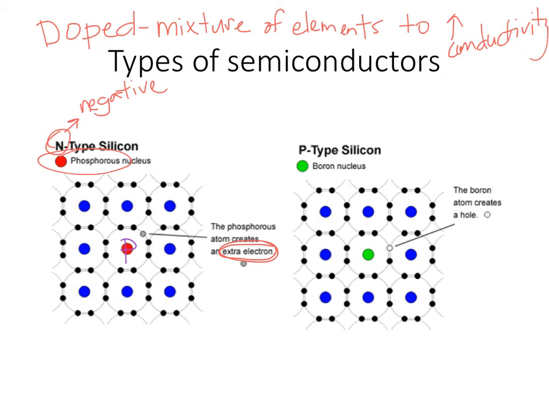So phosphorus has 5 valence electrons, so it had its 4, the same as the silicon did, but then it also has 1 more because it's a phosphorus. And that extra electron can easily move up into the conduction band and can kind of float around and conduct electricity, because that extra electron can go wherever it feels like going.